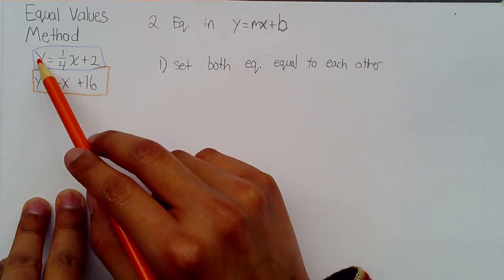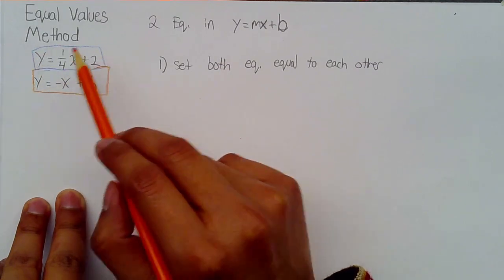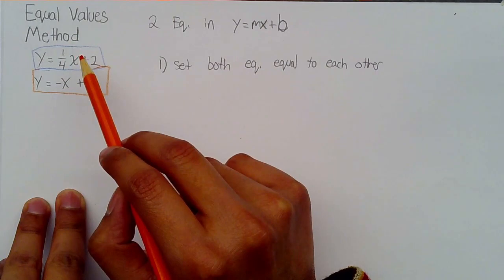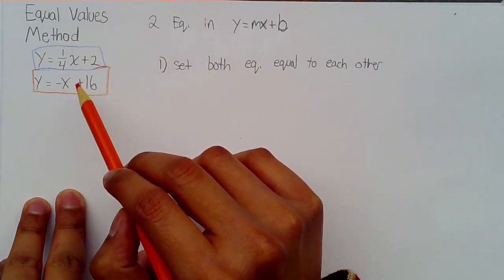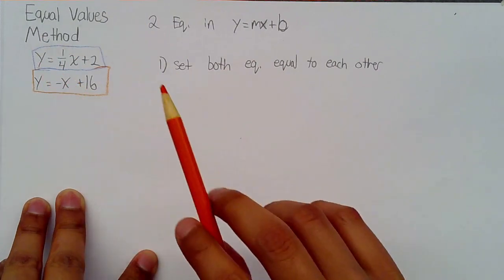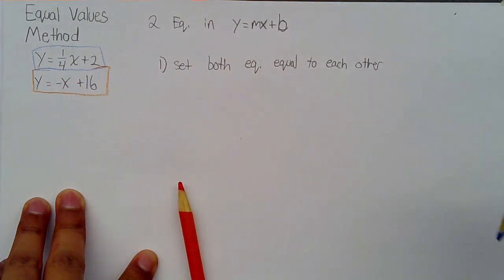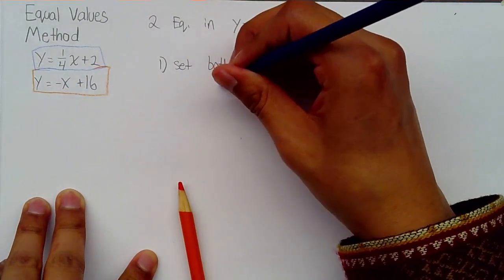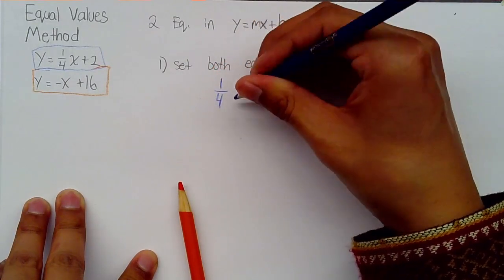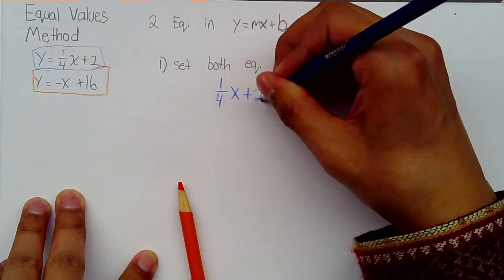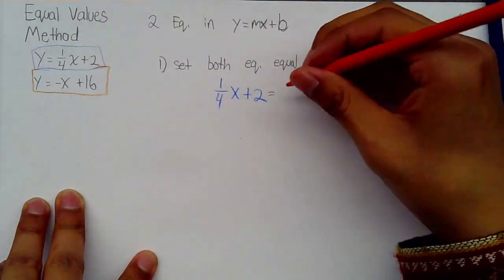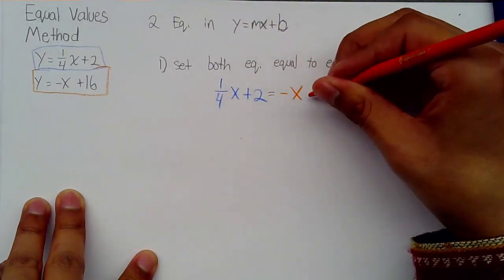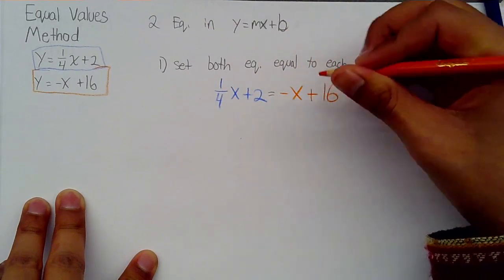Now if y is equal to all this stuff in blue, and y is equal to all this stuff in orange, I'm just going to set them equal to each other. 1/4 x plus 2 will be equal to negative x plus 16.